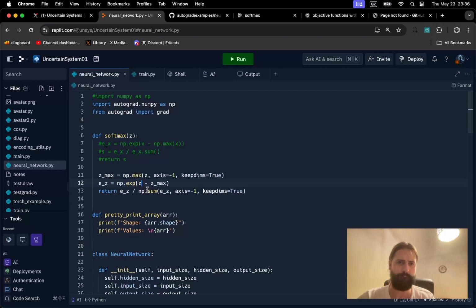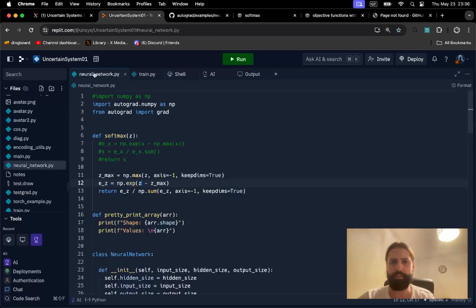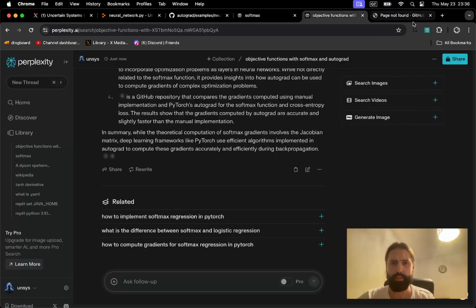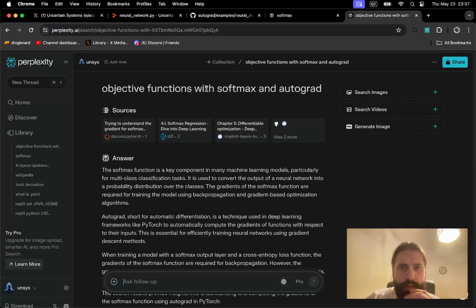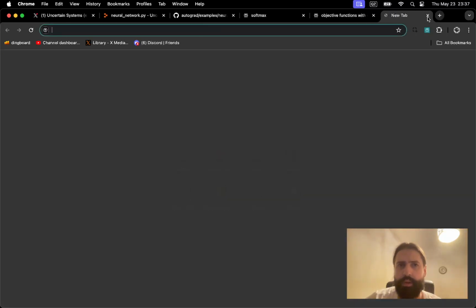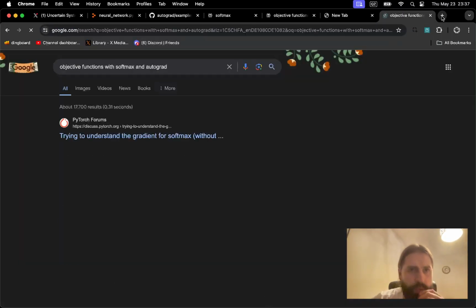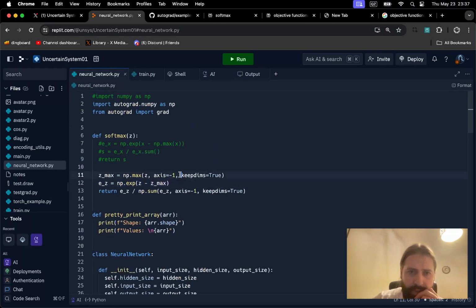Maybe it's the initialization. There's nothing interesting here. Trying Perplexity and then Google, to see if it leads to anything interesting. It's flat, it's the same. That's exactly the same implementation.